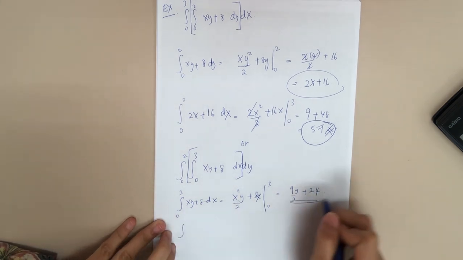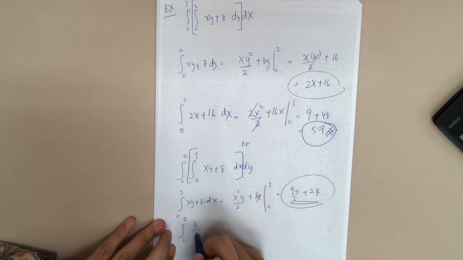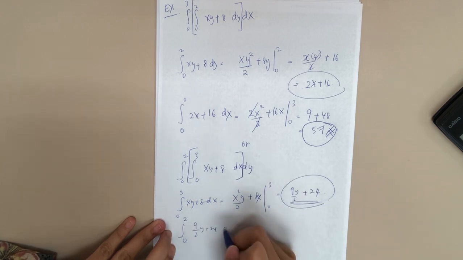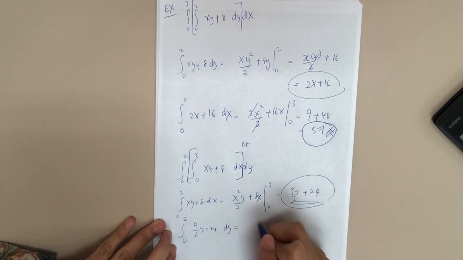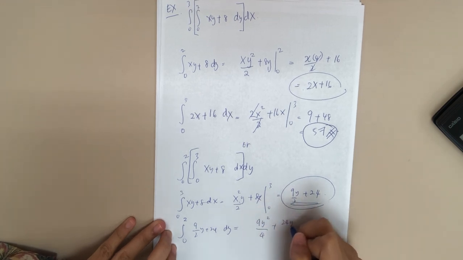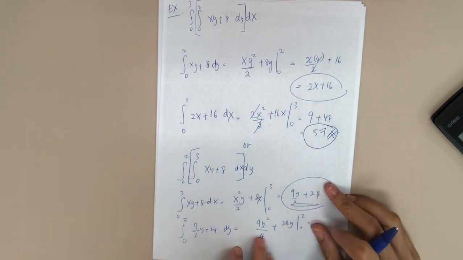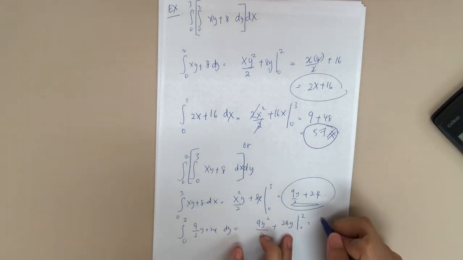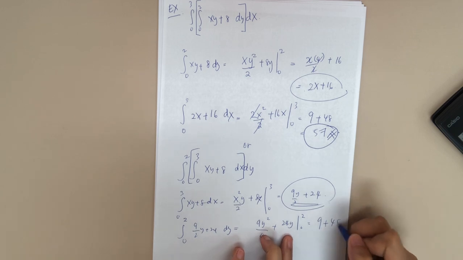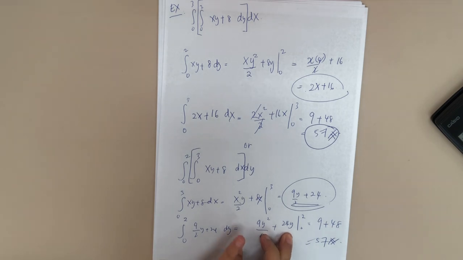Using this answer, you integrate with respect to y, so the limit will be 0, 2. You have 9y squared over 4 plus 24y, substitute 0, 2 into y. So 4, 4 cancel. 9 plus 48. The answer will give you 57.